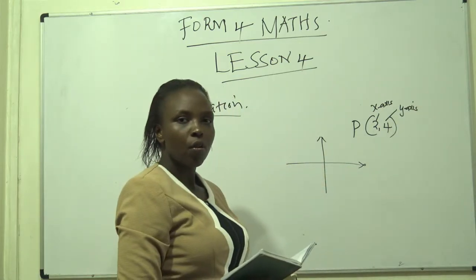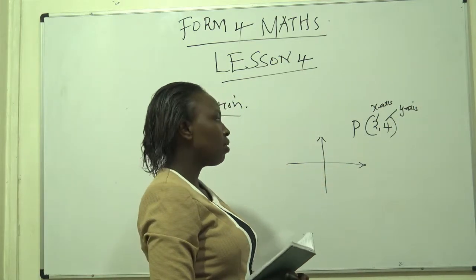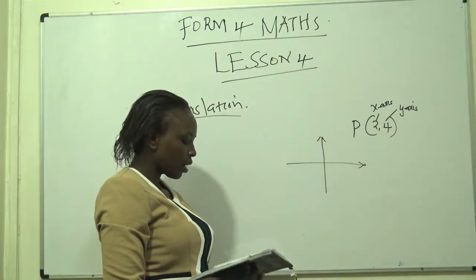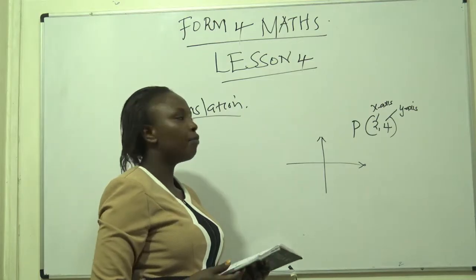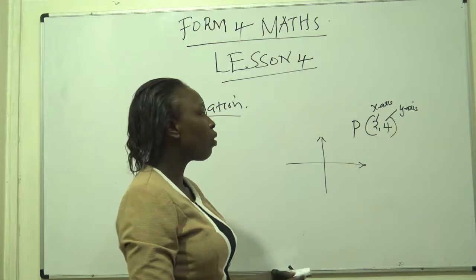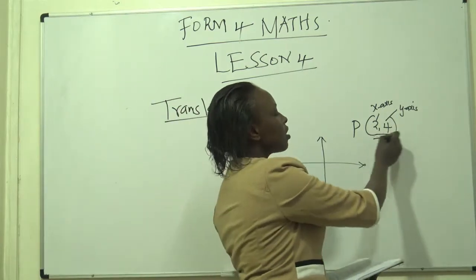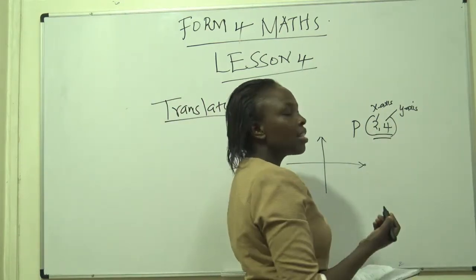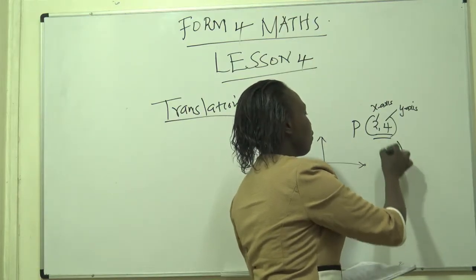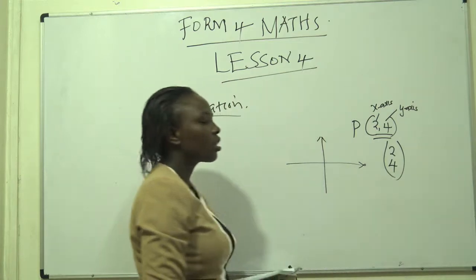That is the rule when you are writing down a point on the Cartesian plane. So we can rewrite that point in what we are calling a column vector. How would you rewrite it? It could be (2, 4) written as a column. It's very important that you note that.